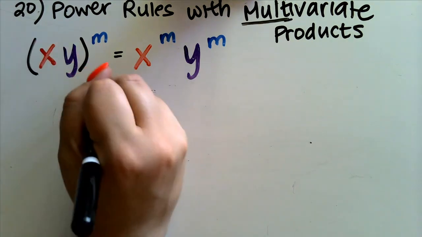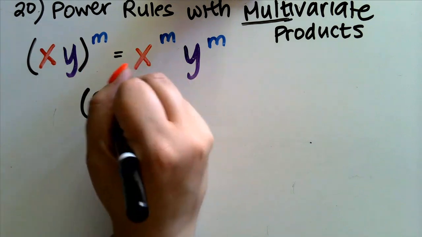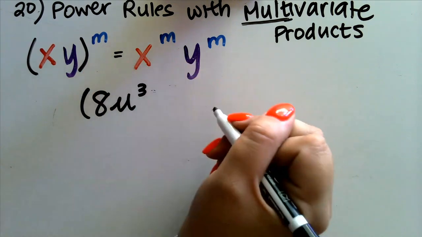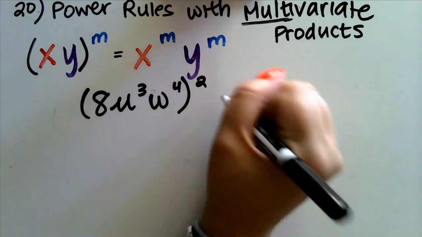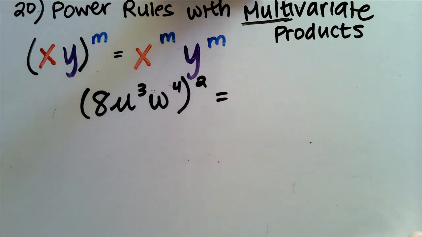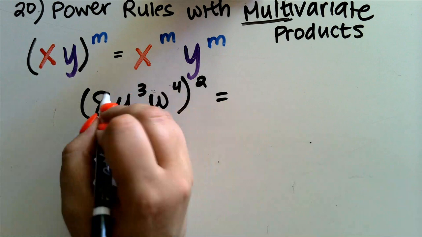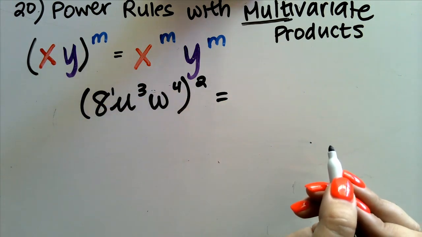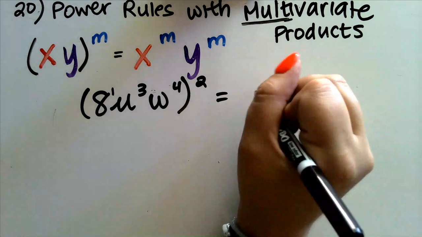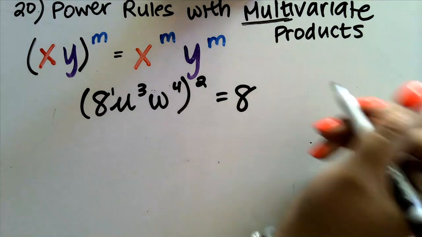This time it is going to be 8u to the third power times w to the fourth power, all of that squared. Now, just like before, we remember that this 8 here has an invisible 1 exponent right next to it. So I'm going to write this out, 8.